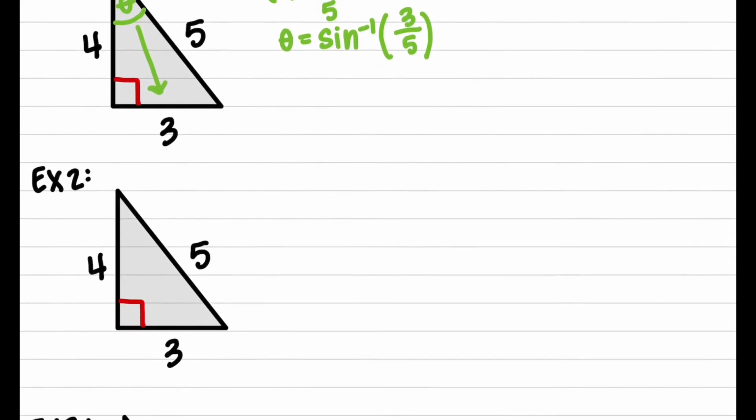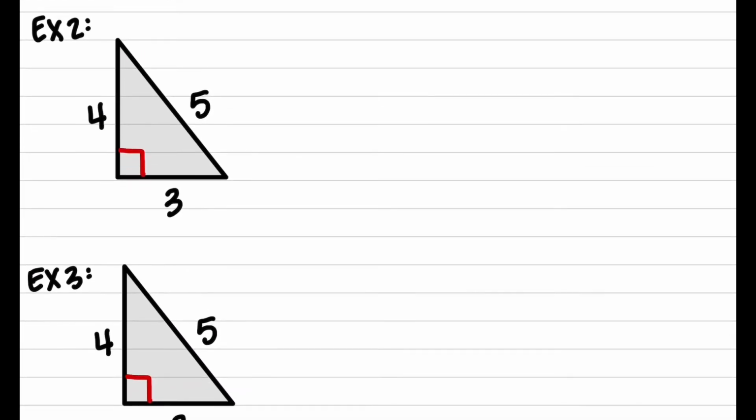All right, let's do another example. So again, let's say I am still using the top angle here, theta. Well, let's talk about cosine inverse. So we know that cosine is the adjacent over the hypotenuse. So from the angle that's marked, the adjacent side is 4.